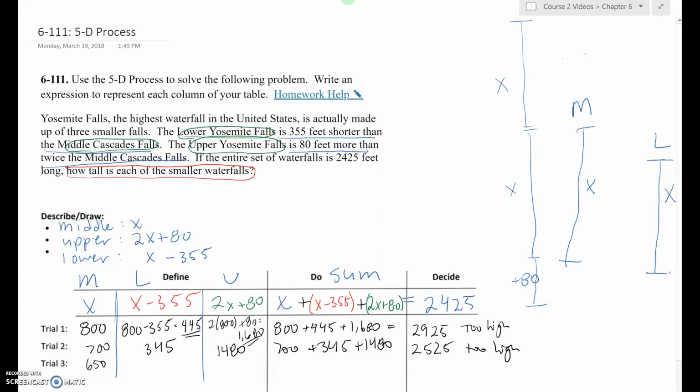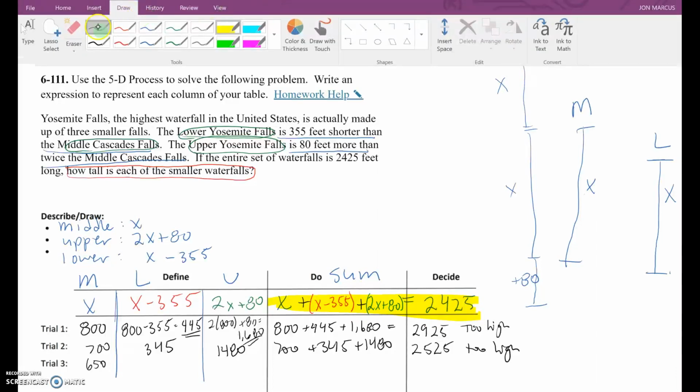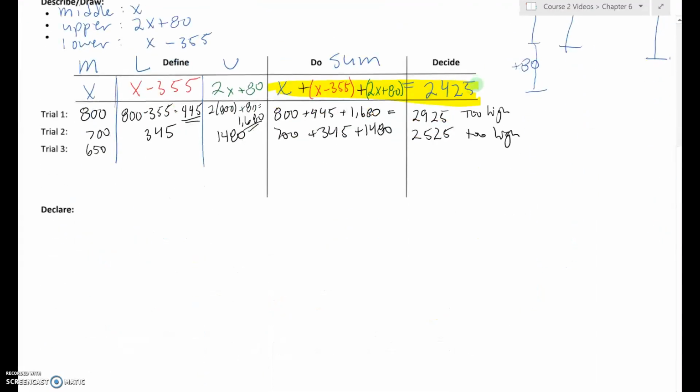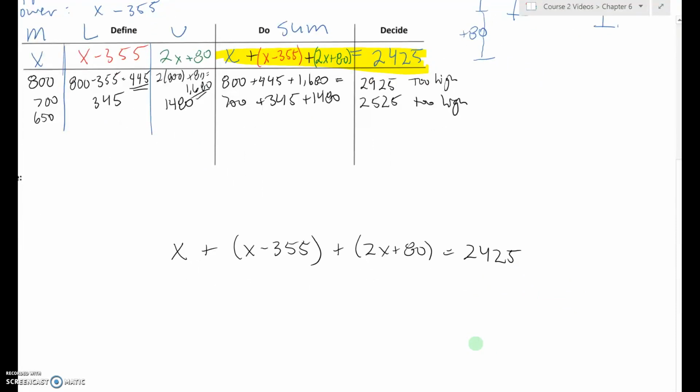Now, if we want to solve this equation, just watch how nice and easy that is now. We know that if we take the lower falls and add it to the middle falls and the upper, that's going to all equal 2,425. We can do some housekeeping. There's no reason to have these parentheses, so I'm going to add my x's together: an x plus another x plus 2 more, that's 4 x's.